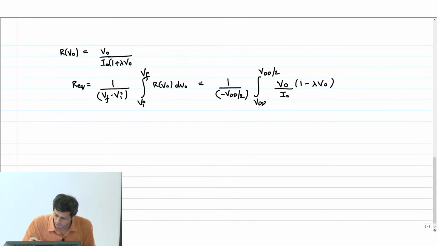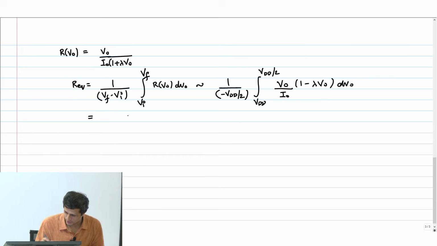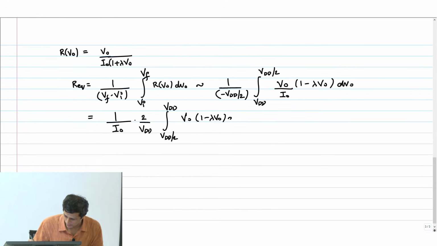Maybe I should put an approximate here, dV naught. Of course, now I naught is a constant, so I will just write into 2 by VDD, into V naught into 1 minus lambda V naught, dV naught, right?